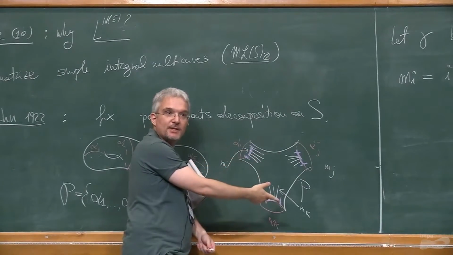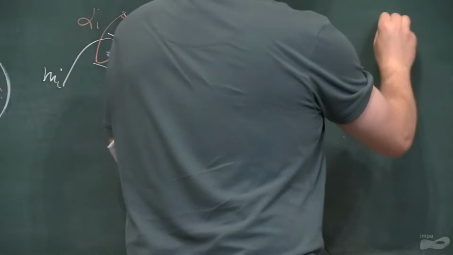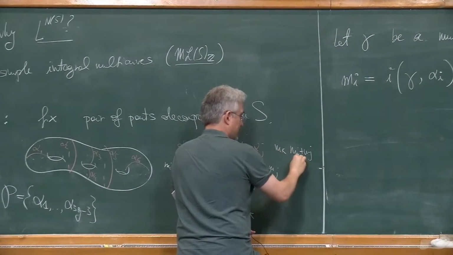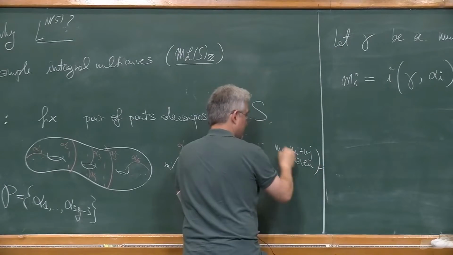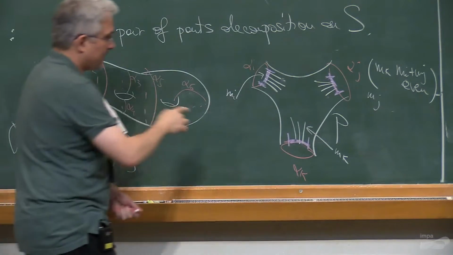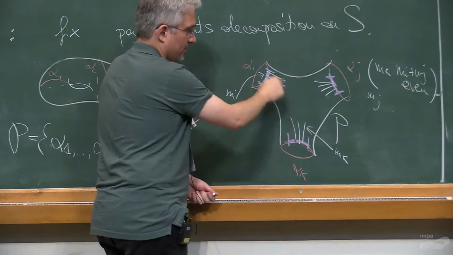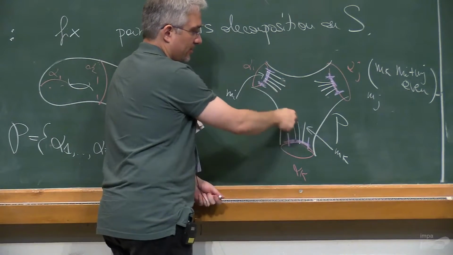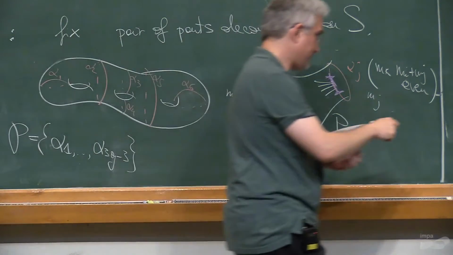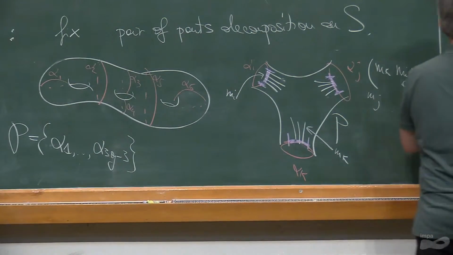So one condition that you immediately get is that this is an even integer. The second thing is that once the sum is even, it is always possible to connect these things in a canonical way. And the idea is this.